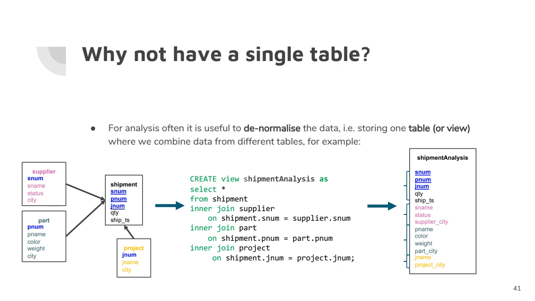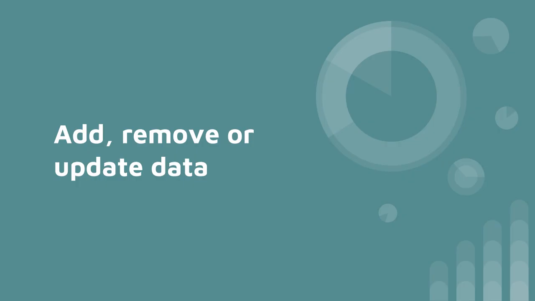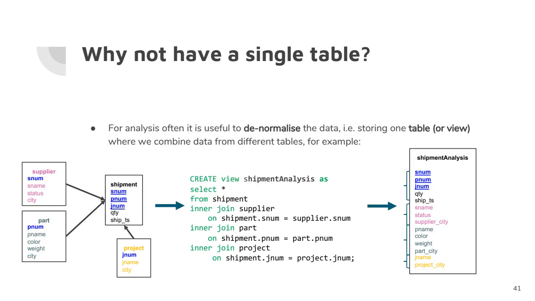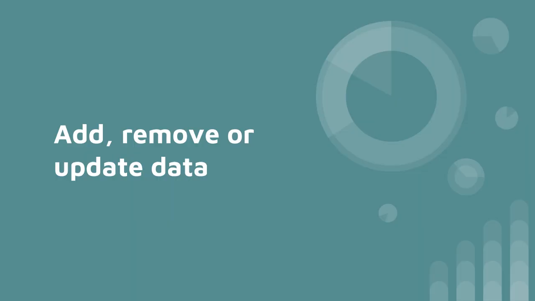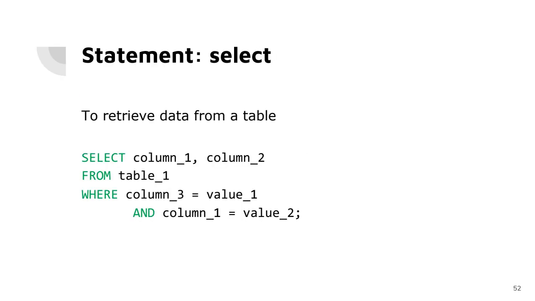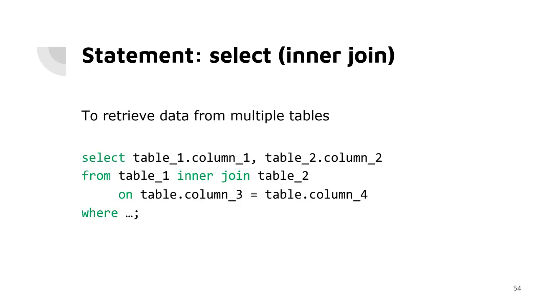We can join shipments with suppliers, where shipment snum is equal to supplier snum, and then join that result again on part, where shipment P is part number, and then again on project, where J equals project J number. And then we get our big table from the beginning, from the denormalized perspective. This one. So these are joins, and yeah, they're a necessary evil if you store the data in these normalized formats.